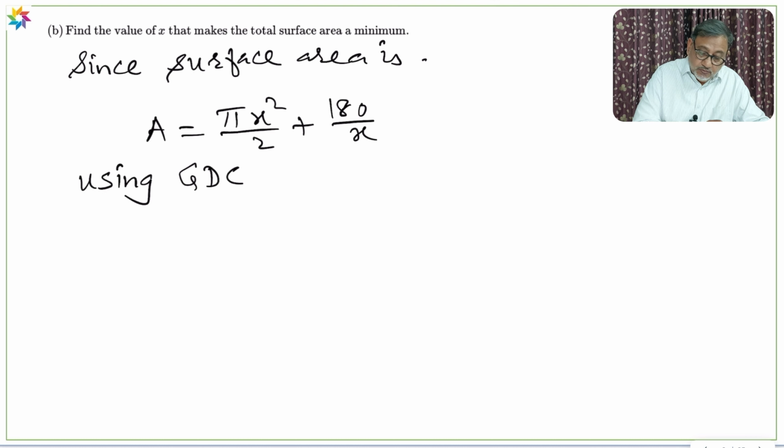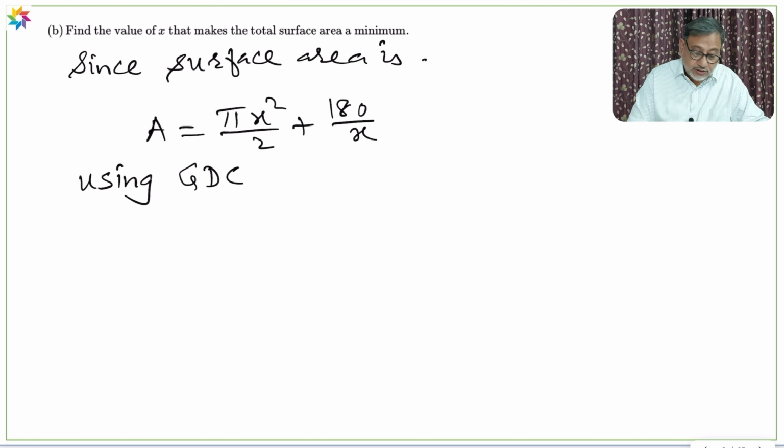Okay, so pi times pi x square divided by 2 plus 180 divided by x, right? Okay.